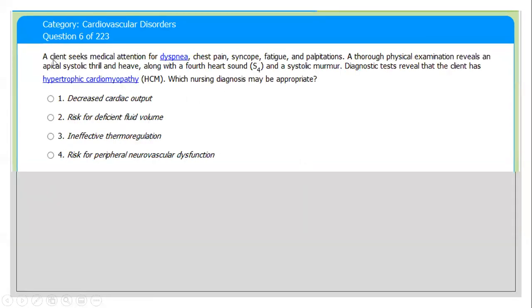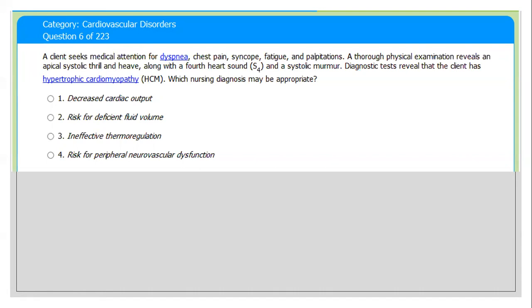Next question here. A client seeks medical attention for dyspnea. Dyspnea means shortness of breath or difficulty of respiration. Next, the patient also complains of chest pain, syncope.